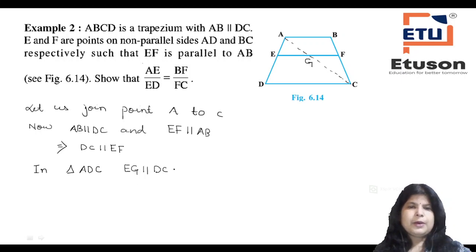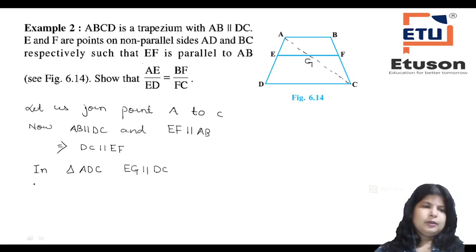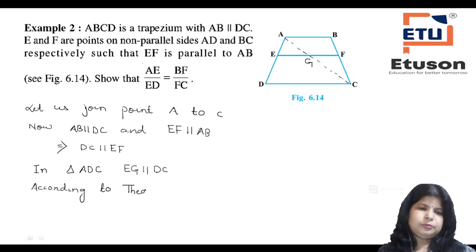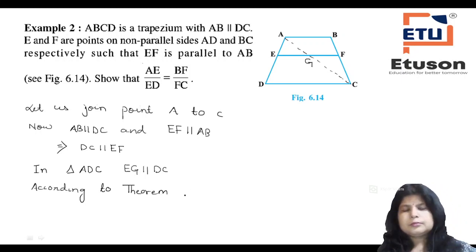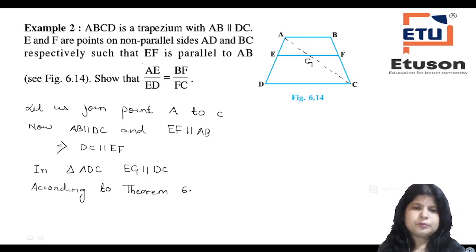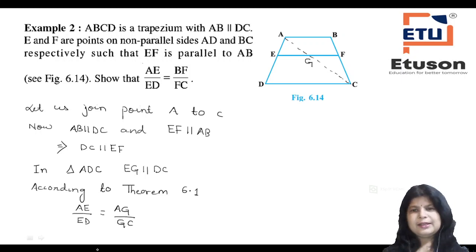So according to theorem 6.1, you'll get AE by ED is equal to AG by GC. Correct or not?